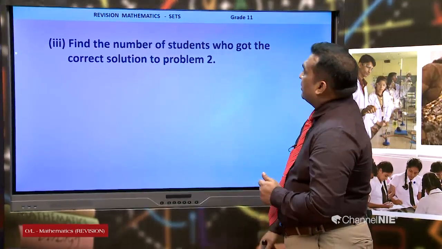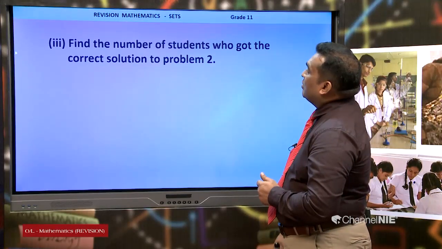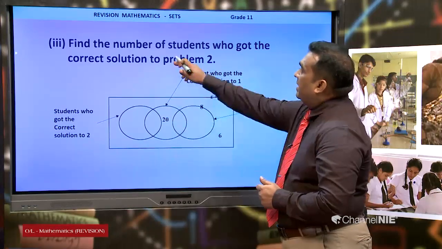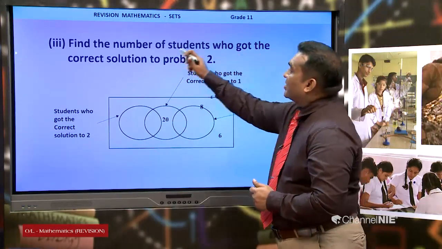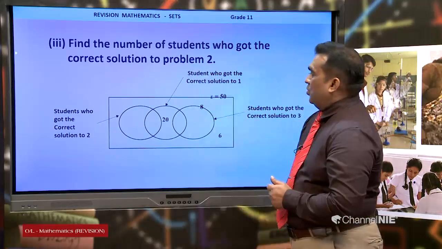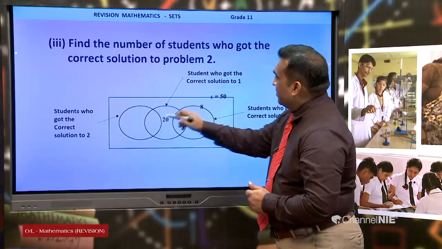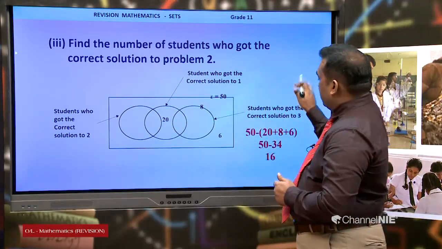Now, find the number of students who got the correct solution to problem 2, second question. Problem 2. We will see like this.